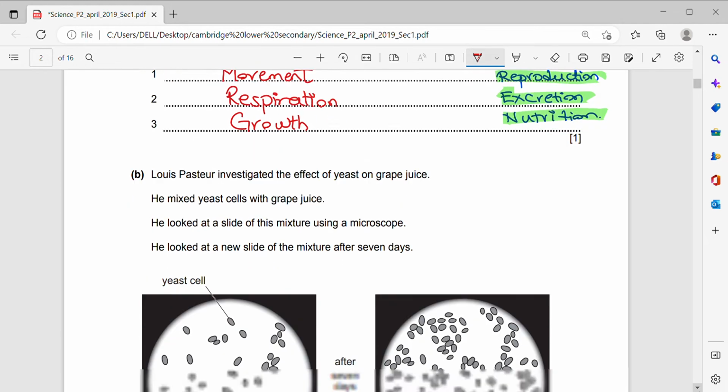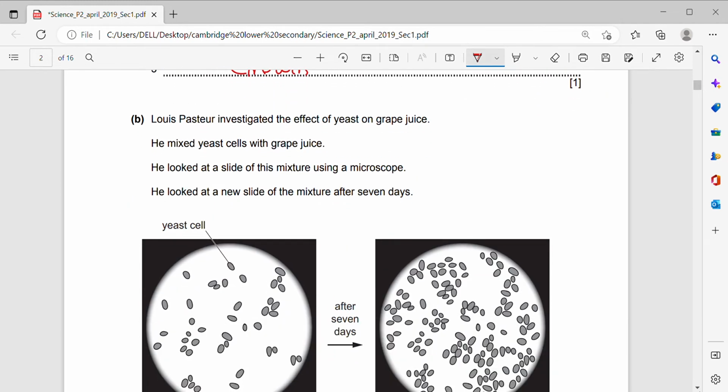Next question. Louis Pasteur investigated the effect of yeast on grape juice. Louis Pasteur ده scientist، هو أصلا microbiologist. He mixed yeast cells with grape juice. يبقى عندي yeast cells، حط لها grape juice.